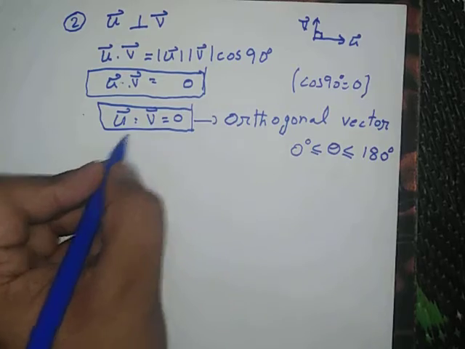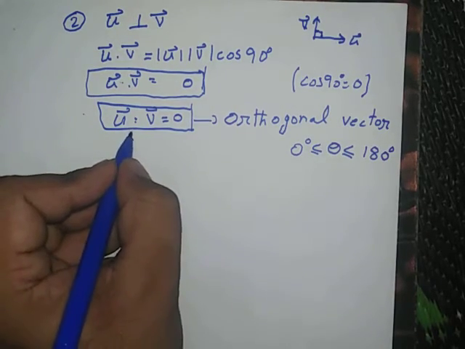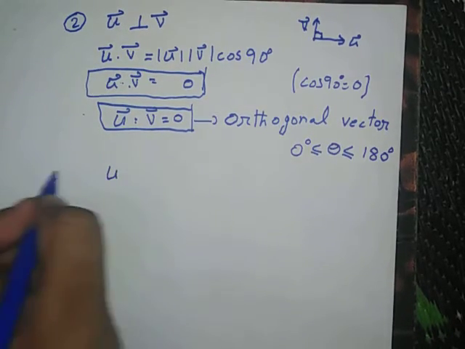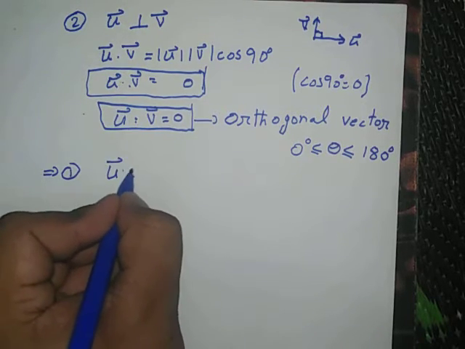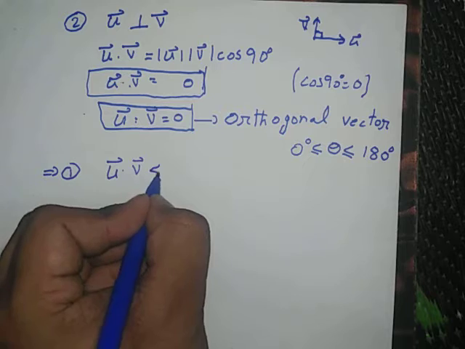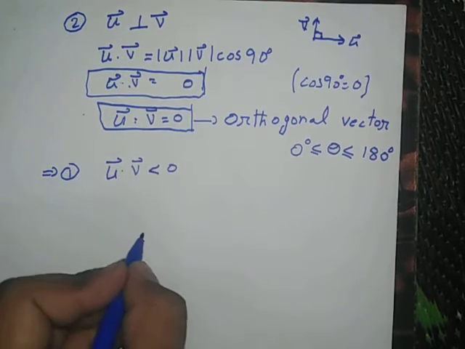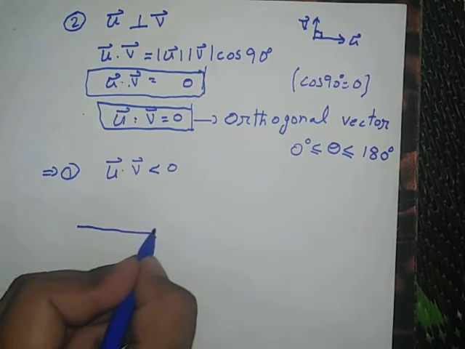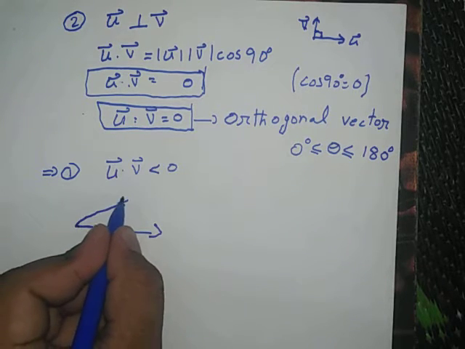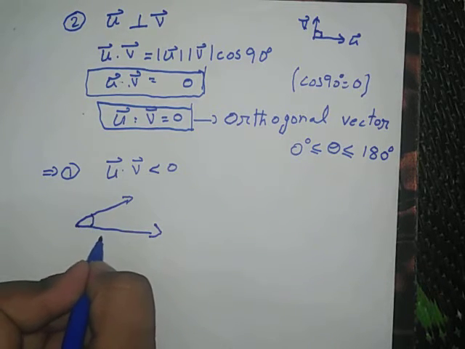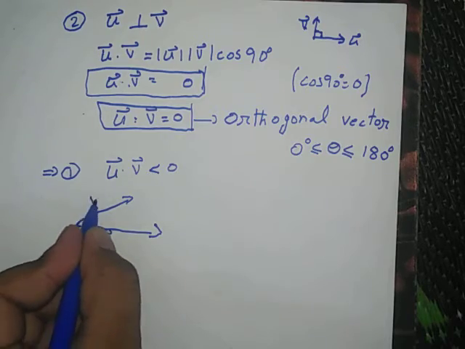So here are the three cases. The first case is if vector u dot vector v is less than 0, then we have a geometric representation of the vectors like this. This is vector u and this is vector v.